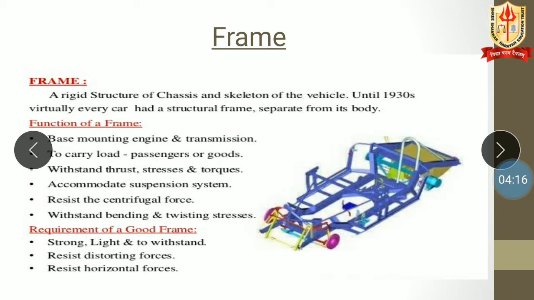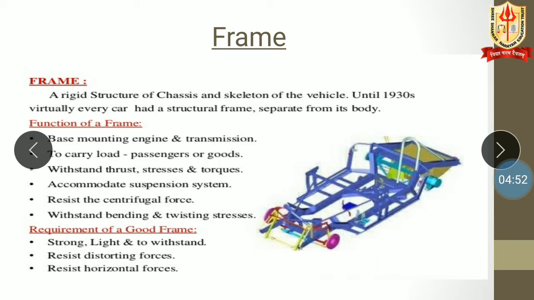Now the functions of frame: the base for mounting engine and transmission, to carry load, passengers or goods, withstand thrust, stresses, torque, accommodate the suspension system, resist the centrifugal force, withstand bending and twisting stresses. Then the requirements of a good frame: it should be strong, light, withstand and resist distortion forces, and resist horizontal forces.